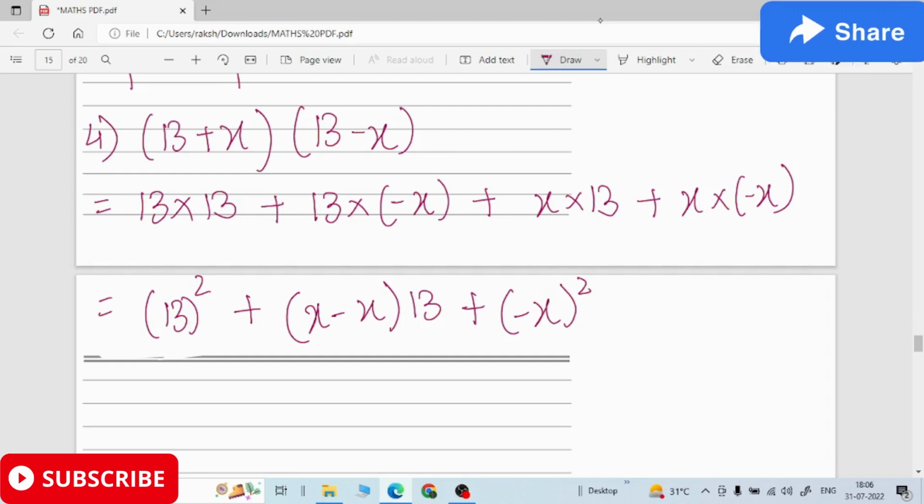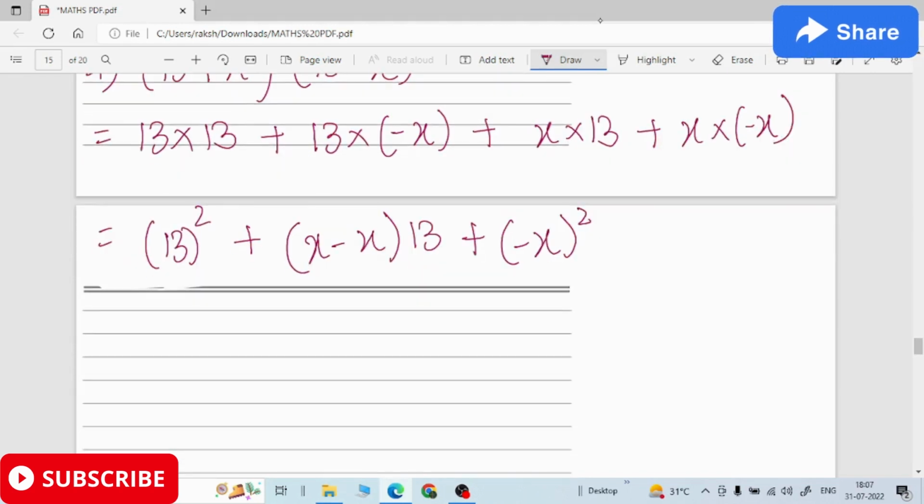We could take 13 also, but 13 is positive, so we can get it directly. But one x is negative and the other is positive, so I took that one first, which is easier for solving the sum further.